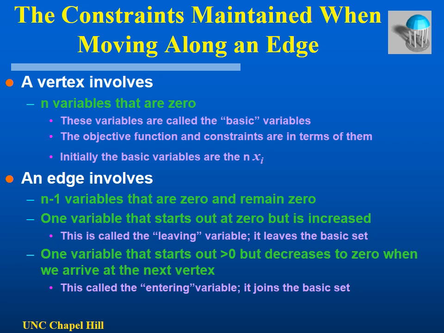Whichever n variables we choose to be equal to 0, we'll call these variables the basic variables associated with that vertex. The objective function is written in terms of these basic variables. That is to say, it's a linear combination of the basic variables, a weighted sum of the basic variables. And the constraints, likewise, are written in terms of the basic variables.